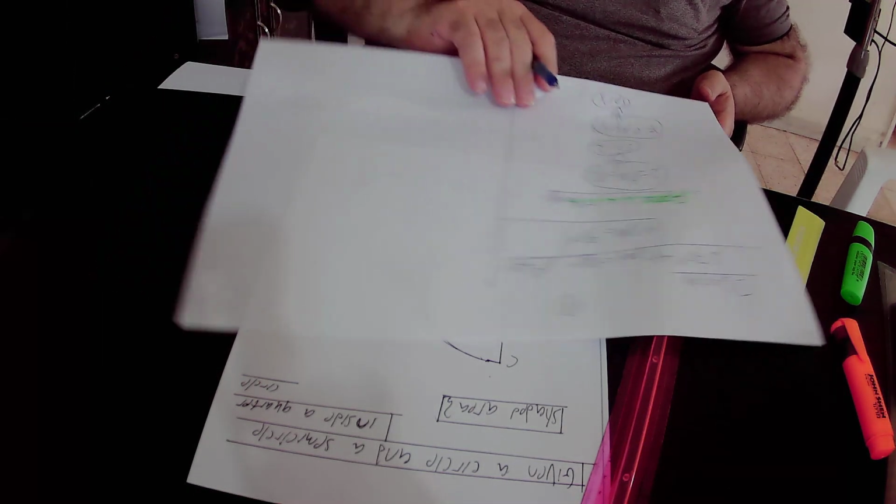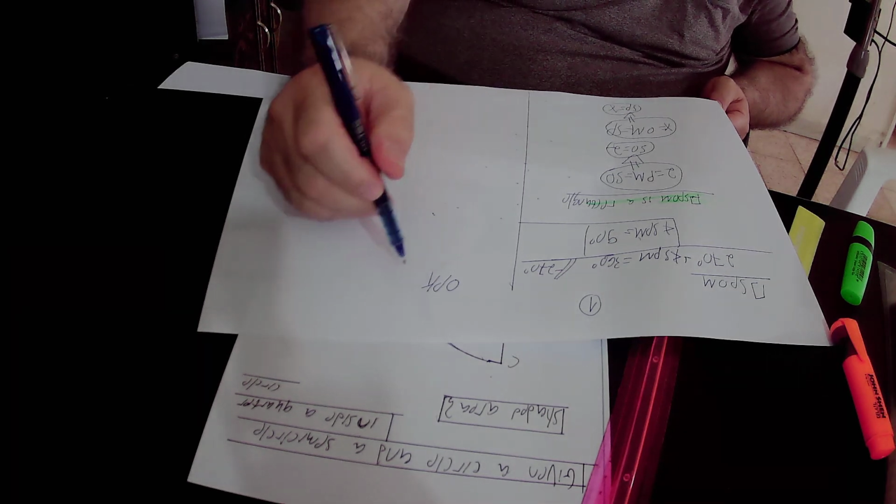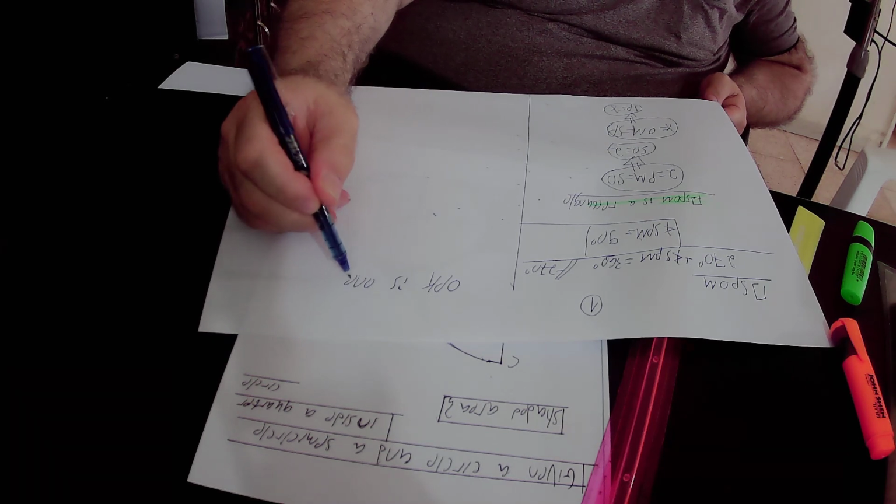According to the rule that I mentioned, line segment OPK is one straight line.